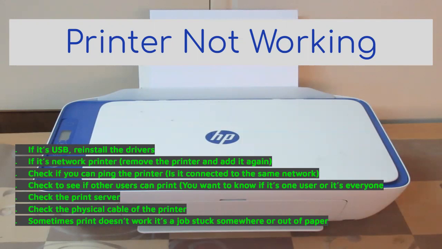We'll make sure the printer works. If it is in the office, we can see it, and maybe other people can use it. Sometimes if it is connected with the server, maybe it's not configured with the right IP. So we'll check them and make sure it works.